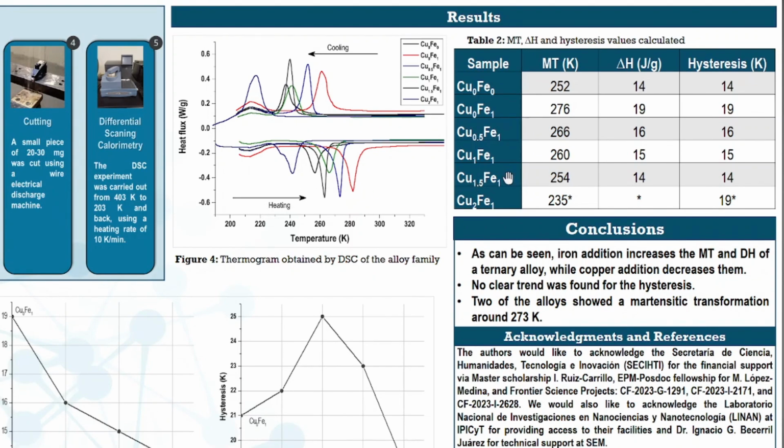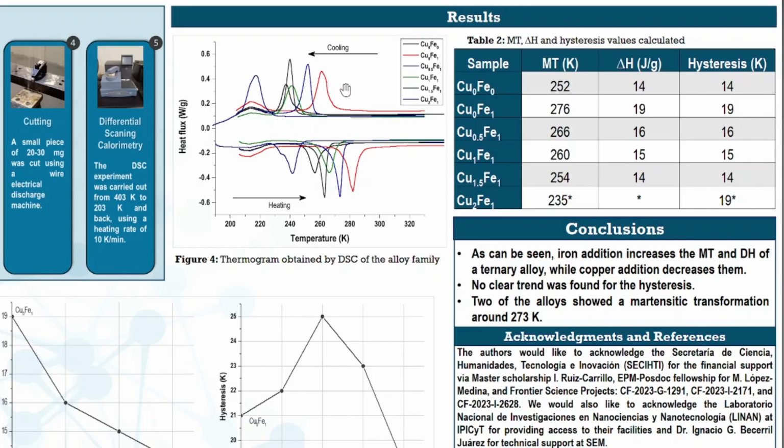Table 2 shows the transformation temperature that, as we already saw, is the average of MS and AF. The transformation enthalpy, that is the average of integration of exothermic and endothermic peaks for each sample, and thermal hysteresis, that is the difference between this value and this value for each sample.